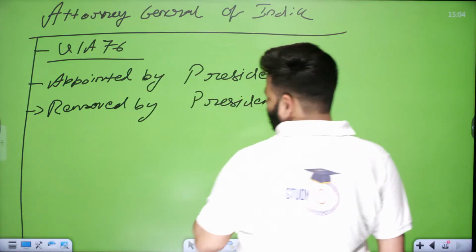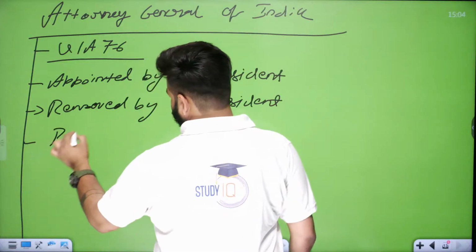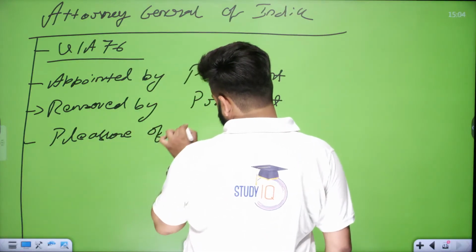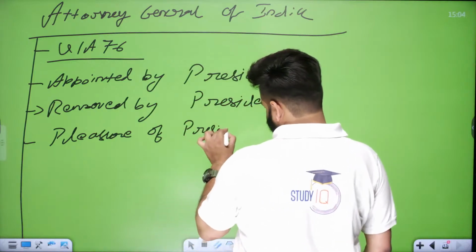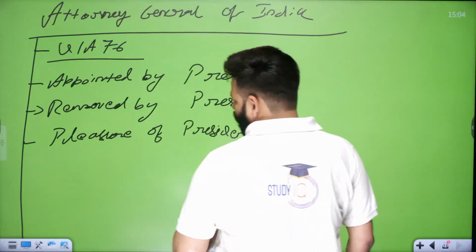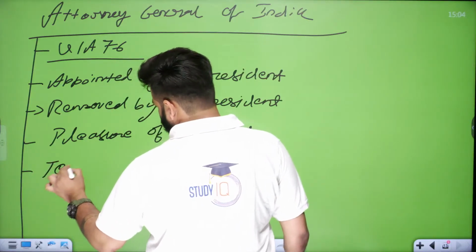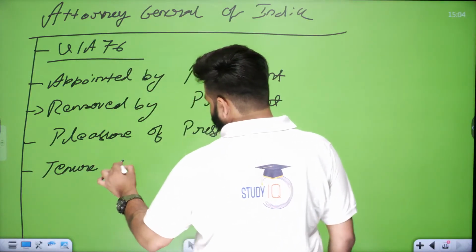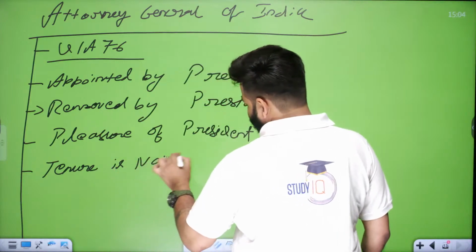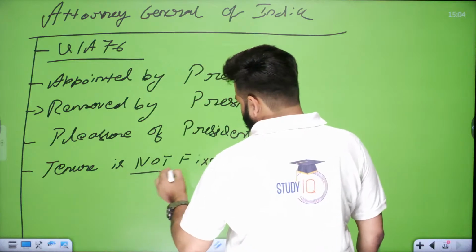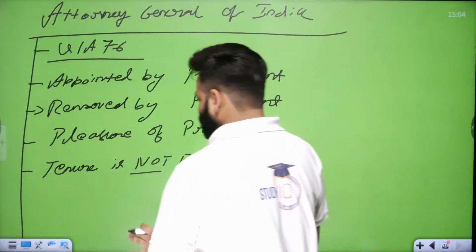Simply speaking, he works under the pleasure of the President, till the time the President wants. What is the tenure? The tenure is not fixed. It could be 1 year, 2 years, 4 years, whatsoever.